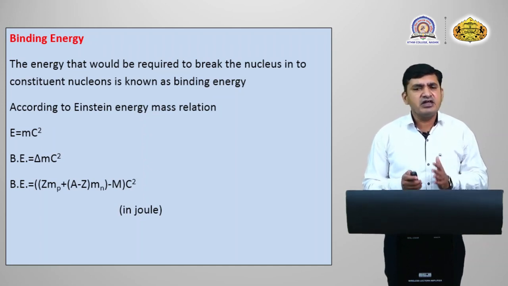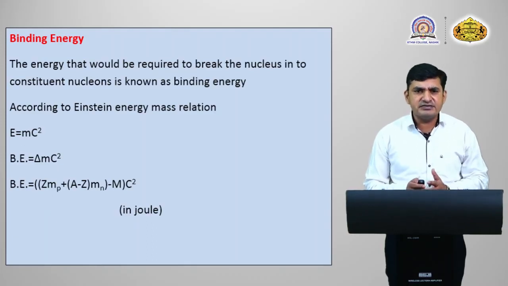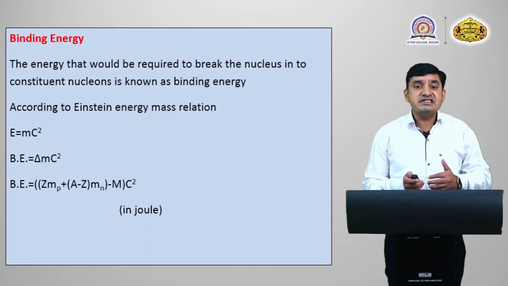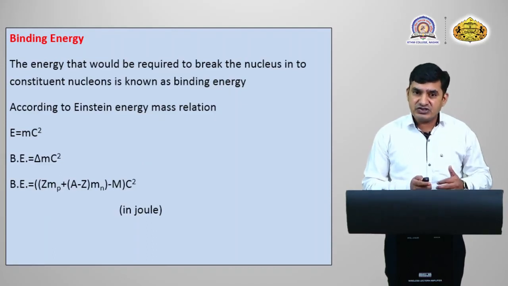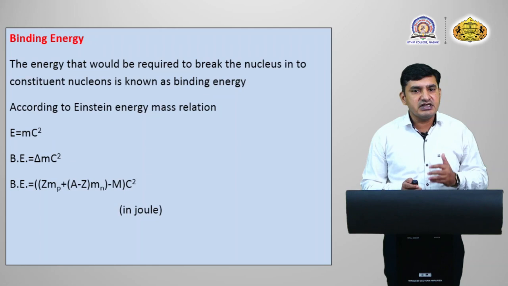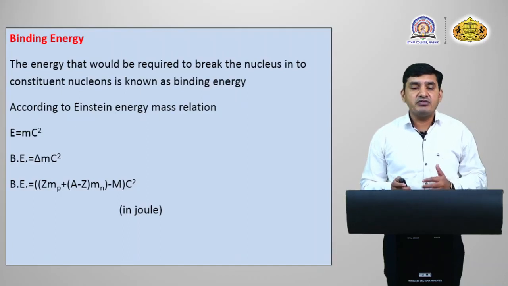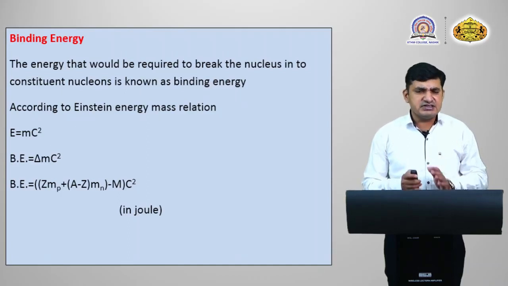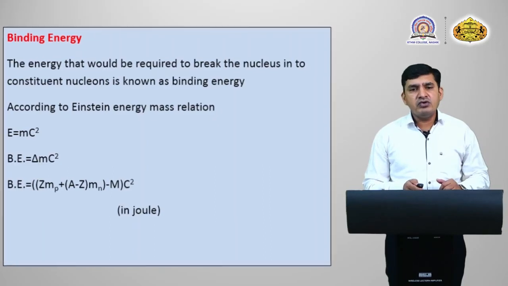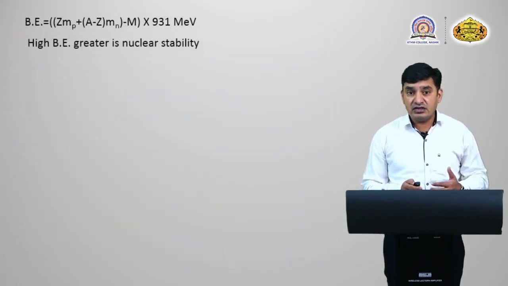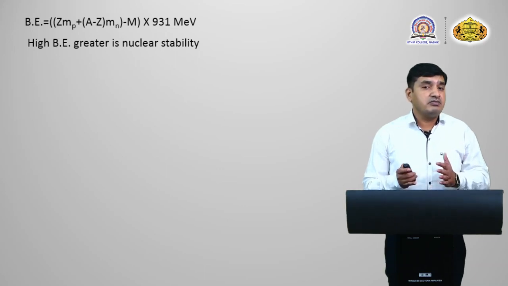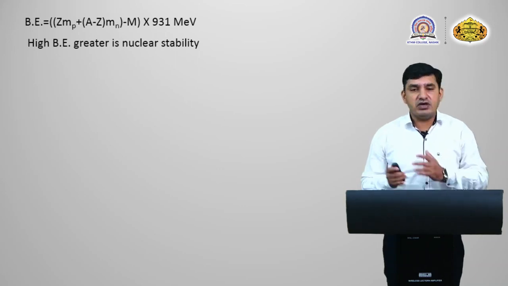So, this can be written as binding energy is equal to delta m, where delta m is the mass defect, and we know that the mass defect is the difference between the mass of the constituent nucleons and the actual mass of the nucleus, that is (Z Mp plus (A minus Z) Mn minus M) into c square. So, this is in joules. Now, we can represent the binding energy in mega electron volt.